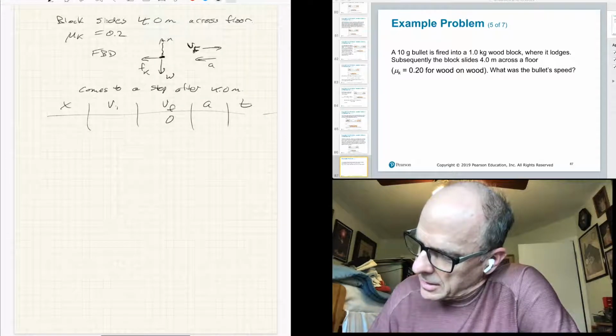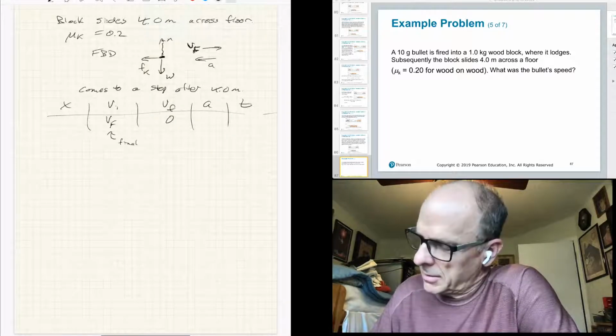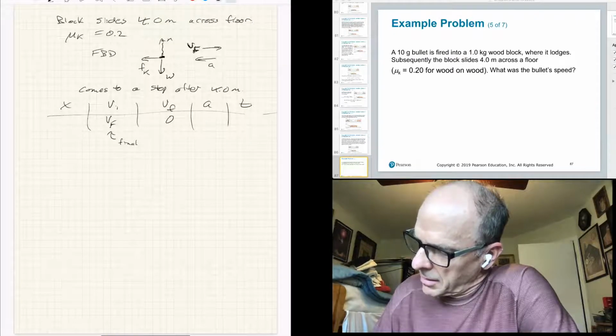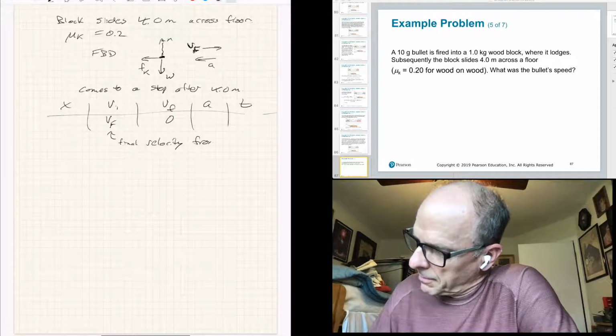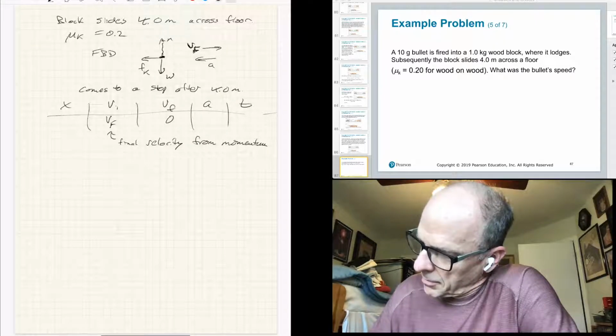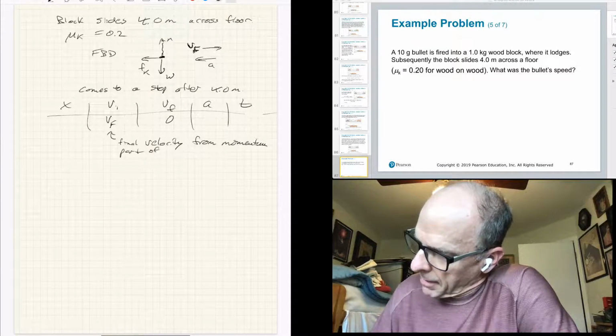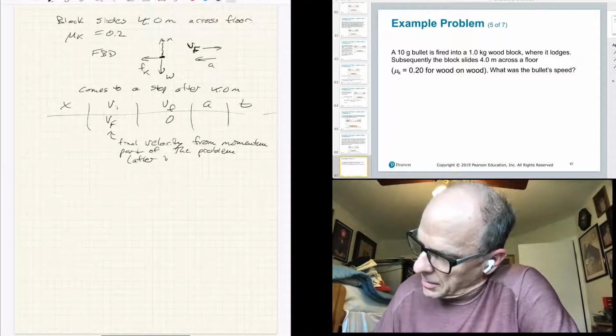This is the final velocity from the momentum part of the problem. This is after the bullet hits, but before it slows down.